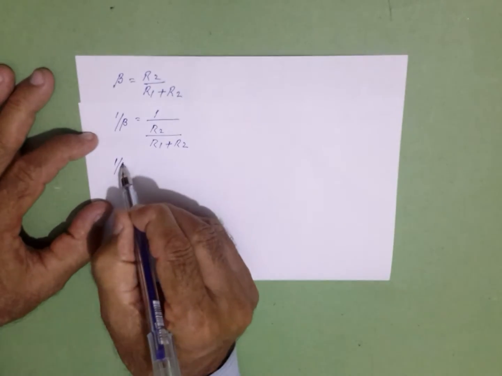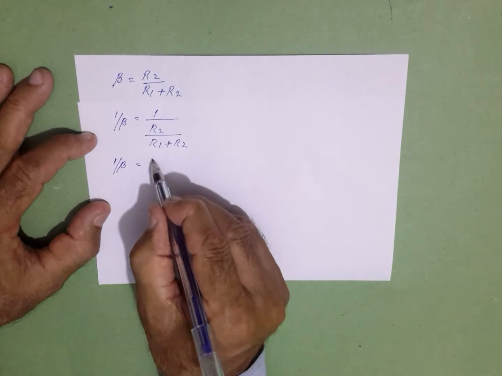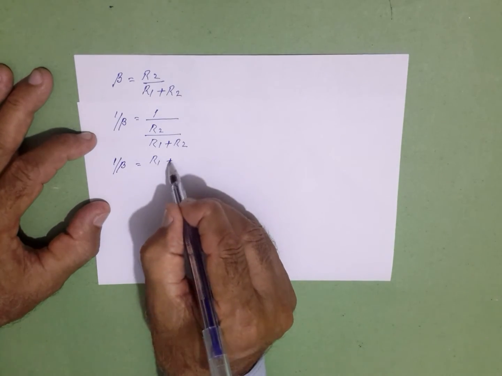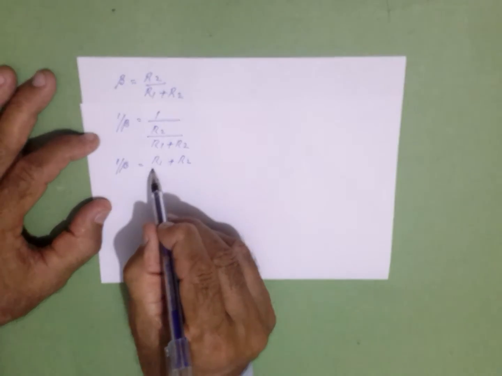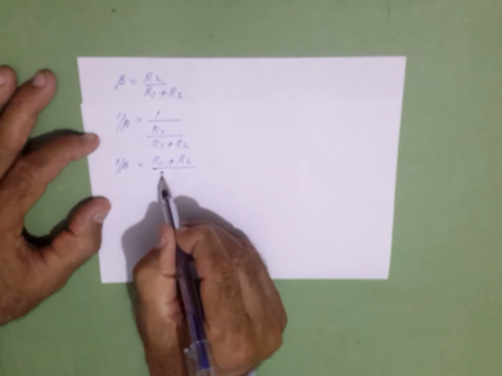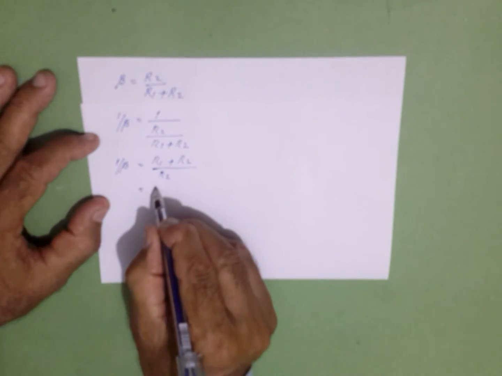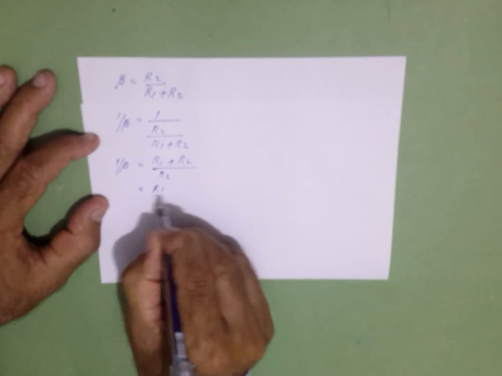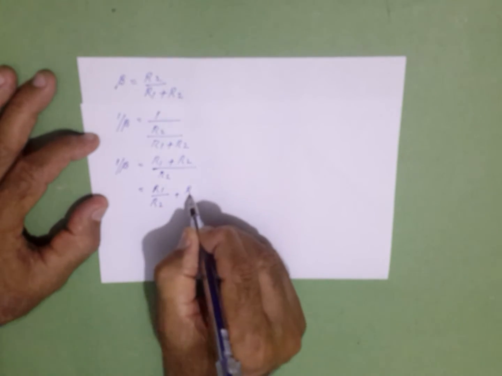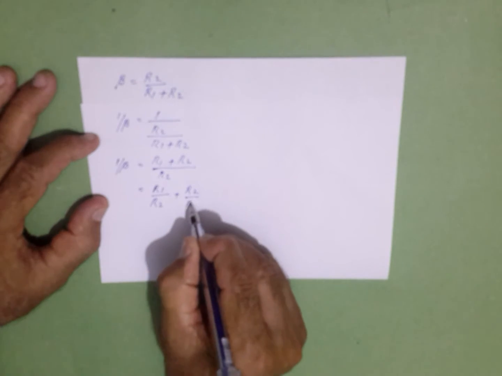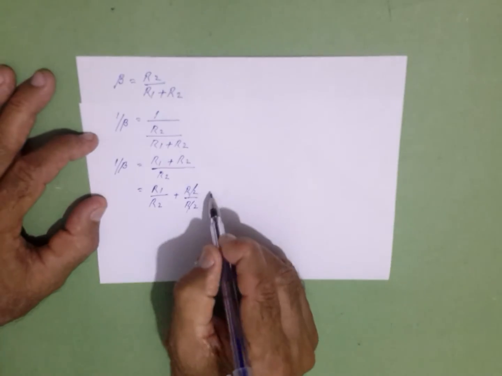This can further be written as R1 plus R2 over R2, and this can further be written as R1 over R2 plus R2 over R2, and R2 cancels with this.